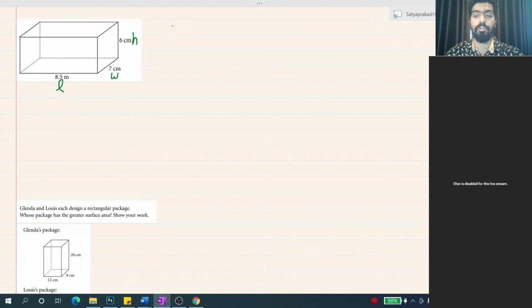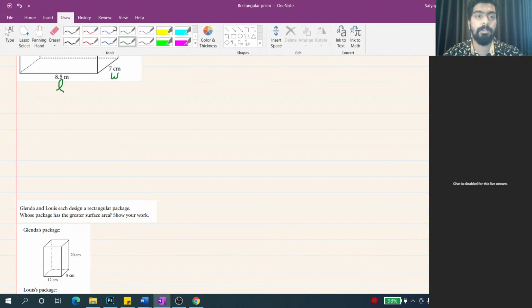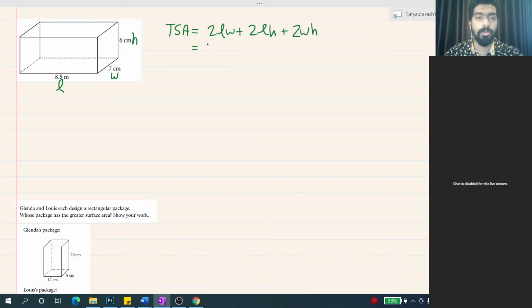Let us start off by writing the formula down. TSA is equal to 2LW plus 2LH plus 2WH. What we have here is very similar to the last question: 2 times the length, which is 8.5 centimeter, multiplied by the W, which is 7 centimeter.